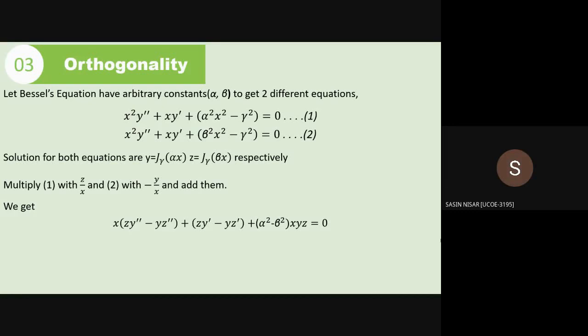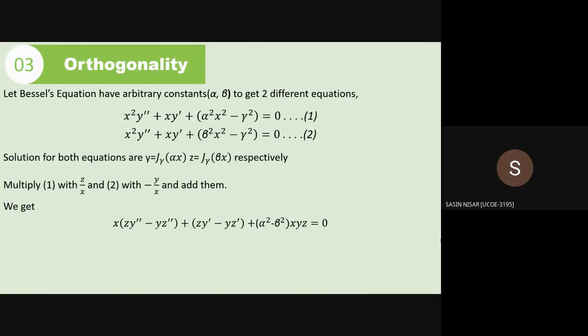And the second equation would be x square y double dash plus x y dash plus (beta square x square minus gamma square) y equal to 0. On solving both the equations, the solutions for those equations are y equal to j of gamma alpha x and z equal to j of gamma beta x respectively.